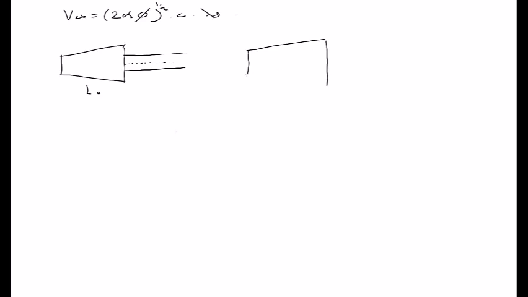So here's our nozzle design again. This time we have a divergence of the beam, so it's no longer well collimated. This half angle here we call theta, and by definition the full angle will be 2 theta.